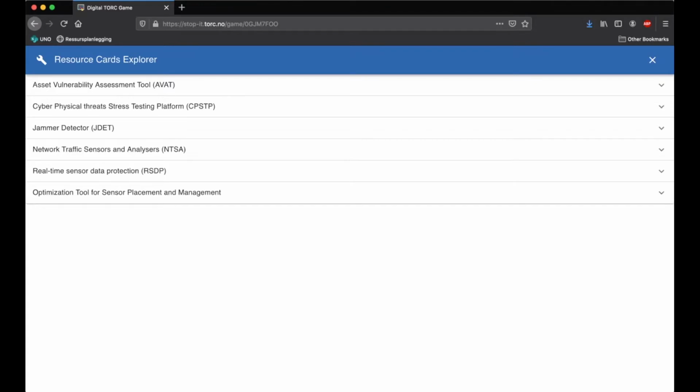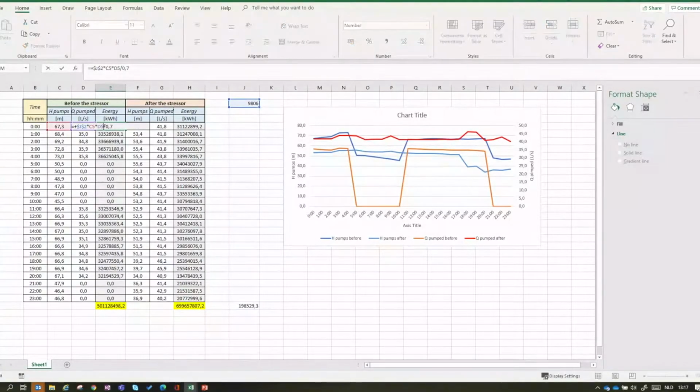I can share my screen. Okay. I'm not sure if I did it right. Okay, perfect. Let's see it. Yes, so basically you have multiplied H pumps with Q pumped for the specific weight of water and divided by the efficiency.